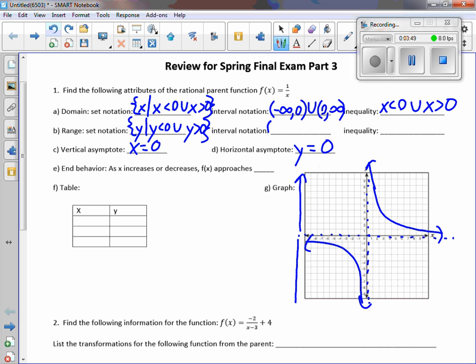Interval notation, negative infinity to 0, union 0 to positive infinity. Inequality, not x, y is less than 0, union y is greater than 0.